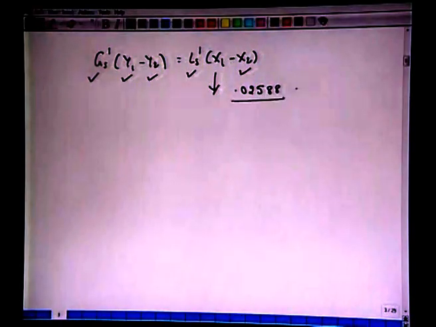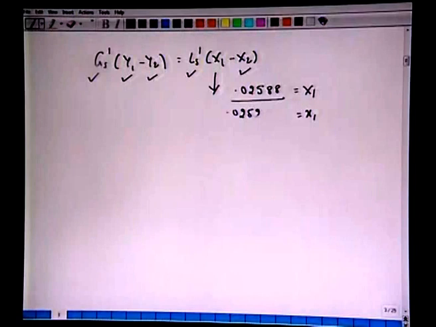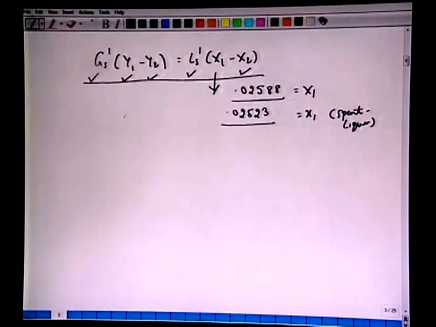So, the spent liquor concentration is x1, and if you convert this into mole fraction based on the solute, then we have 0.02523 as the mole fraction of sulfur dioxide in the spent liquor. Of course, for this part of the problem, one can solve analytically and one can solve graphically also. You will get the same results.